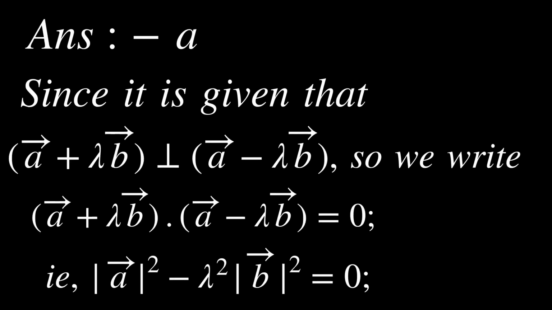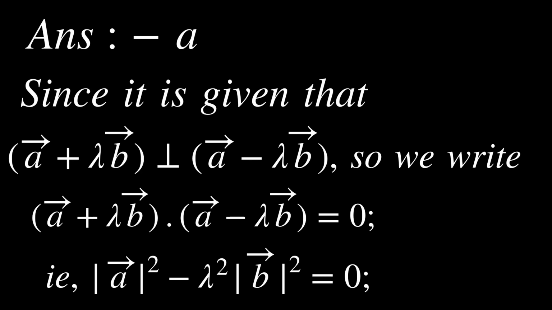Answer is option A. Now for finding the value of lambda, we can take the dot product. Since two vectors are perpendicular, its dot product will be 0. Similarly, here we can take the dot product of A plus lambda B and A minus lambda B and equate to 0.